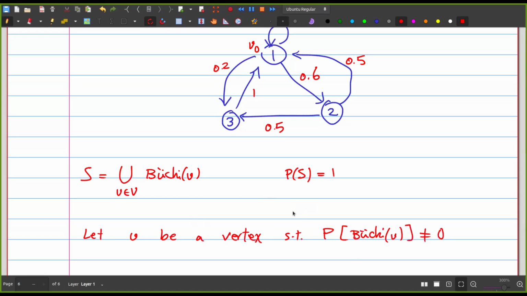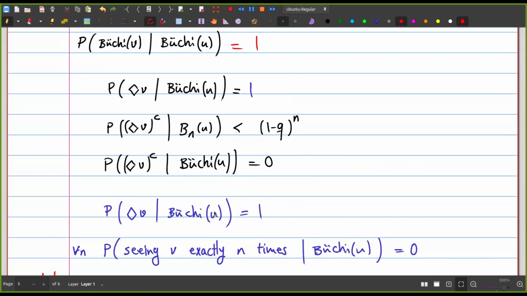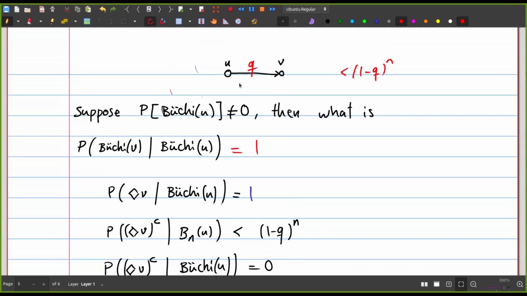Okay. But what do I know? I know that if I have two vertices, U and V, the probability of Büchi of V given Büchi of U is 1.